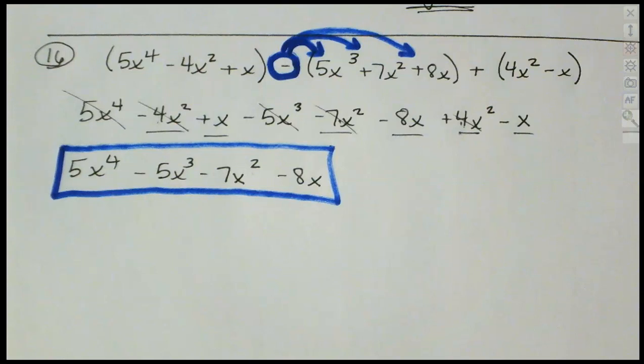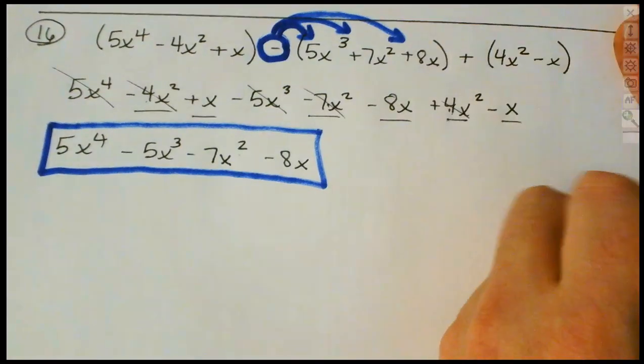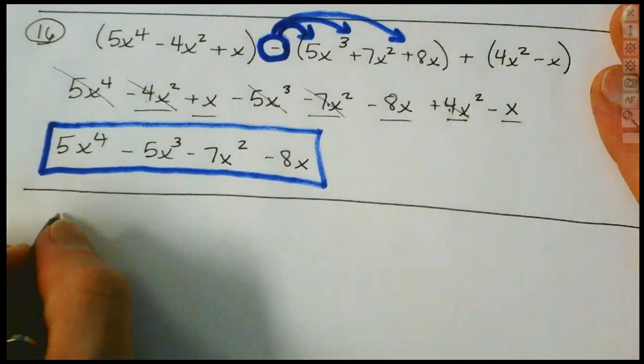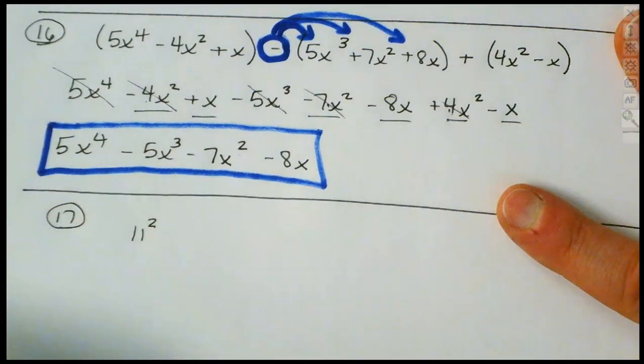Another one that I see students make mistakes on. It's very easy. So this will be our last one to really look at. Question 17, order of operations. I've seen students miss this one a lot, and I'm really not sure why.